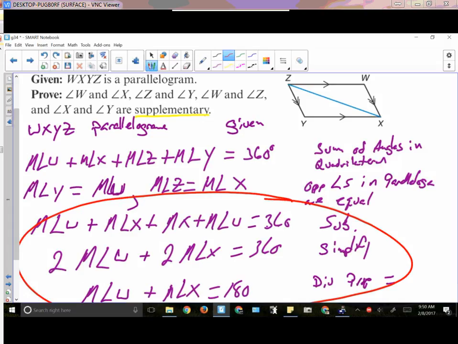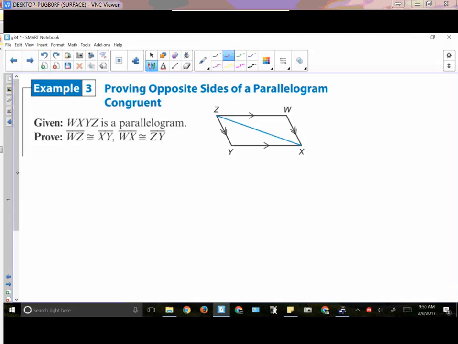So, let's think about this one. Proving sides of a parallelogram congruent. Now this one's drop dead simple. And you're going, yeah, sure, it's drop dead simple.